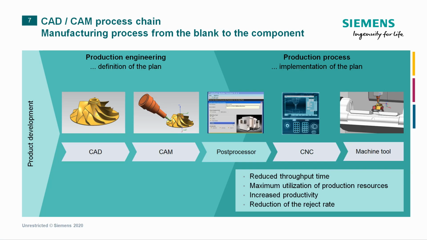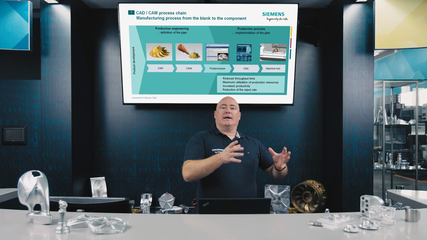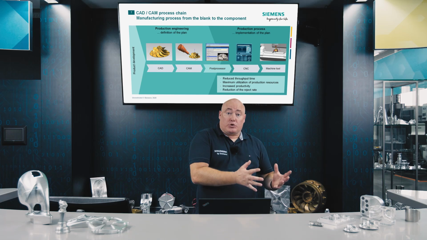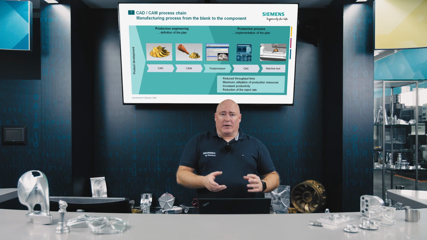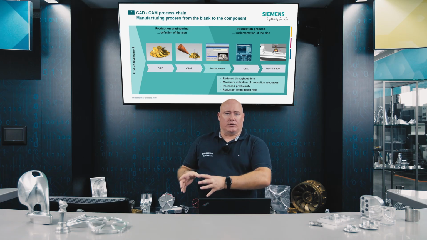If we look at the production process from the blank to the component, what we see is the CAD/CAM process chain. This process is suitable both for single part production, that is, prototype production, job shop programming, and also for mass production.